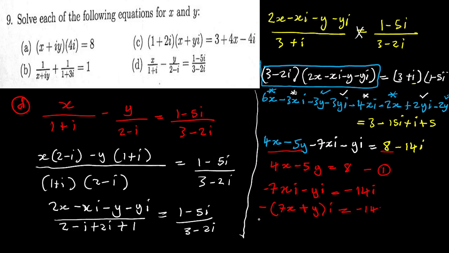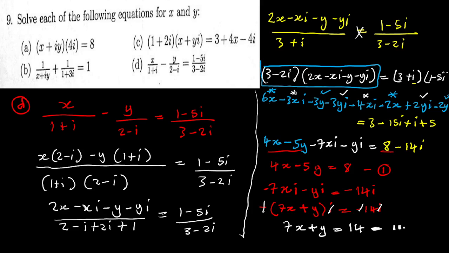With this information, it's very easy to work out that the negative and negative will go, and the i and i will go. So I have 7x plus y is simply equal to 14, and this is my equation 2.